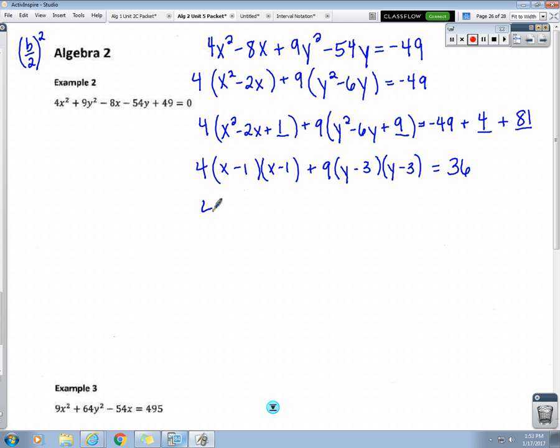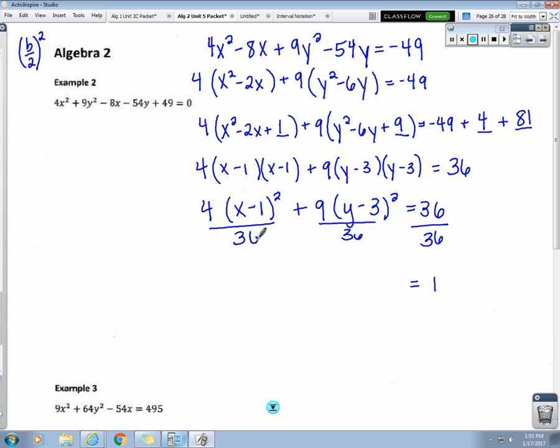Okay, so now the whole reason that those had to match is because we're just going to write it once and square it. And so now it's getting closer to looking like the equation of an ellipse, but the equation of an ellipse always equals what? 1. So to make that a 1, you divide it by 36, because 36 divided by 36 is 1. You divide this by 36 and this by 36.